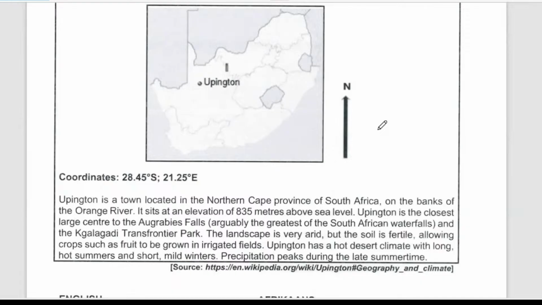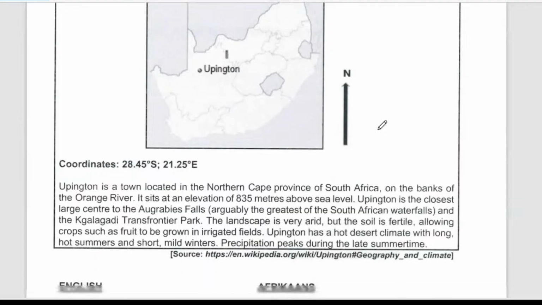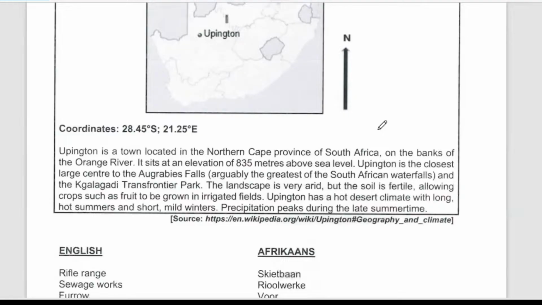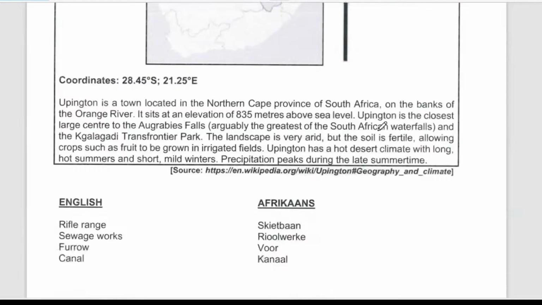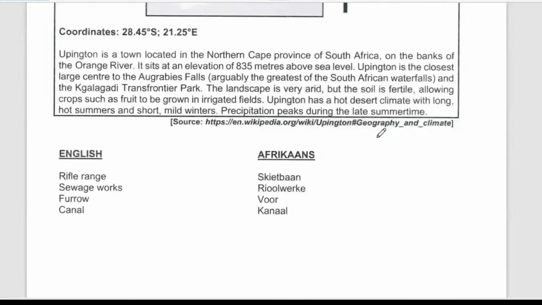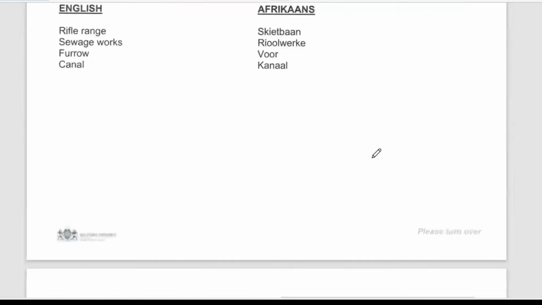And then Kalahari Gemsbok Transfrontier Park, the landscape is very arid, but the soil is fertile, allowing crops such as fruit to be grown in irrigated fields. Upington has a hot desert climate with long hot summers and short mild winters. Precipitation peaks during the late summertime. Right, that is the information.